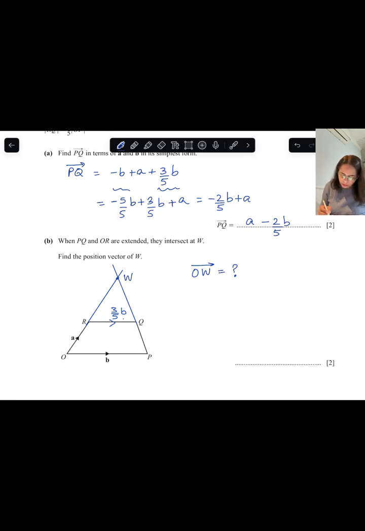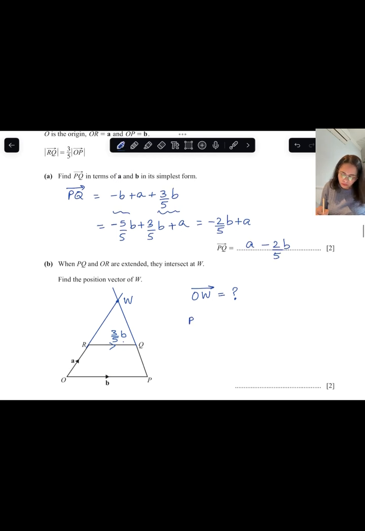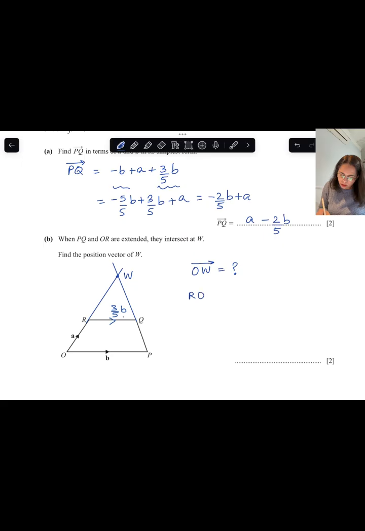It is going to be, we can write it as OP is equal to 5 parts out of 3, or we can just write what was given to us, which is RQ is equal to 3/5 of B. It means that RW will also be equal to 3/5 of the total length, which is OW.